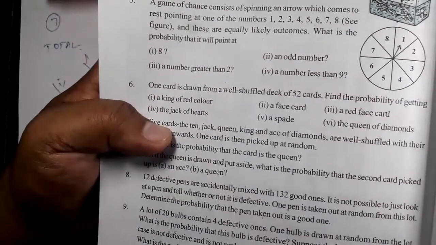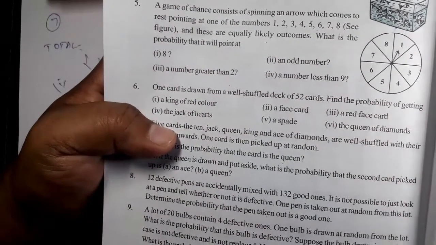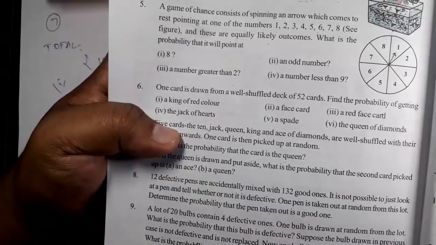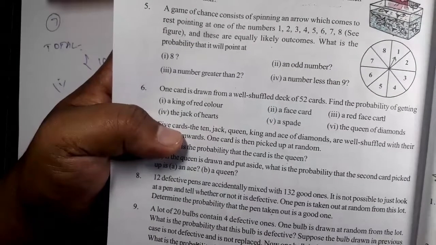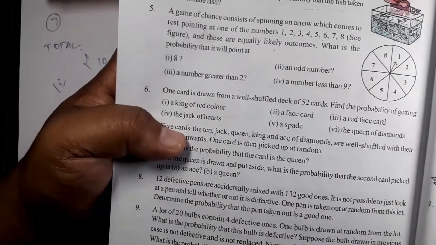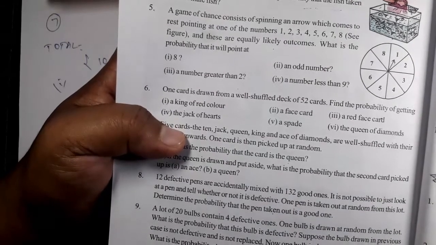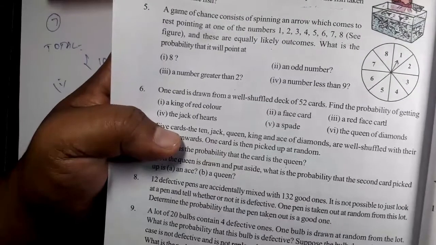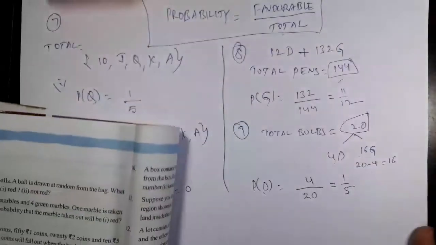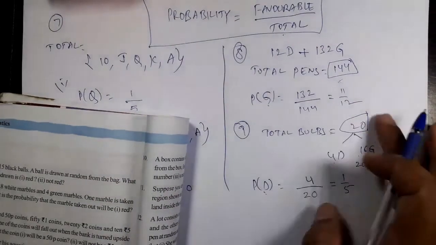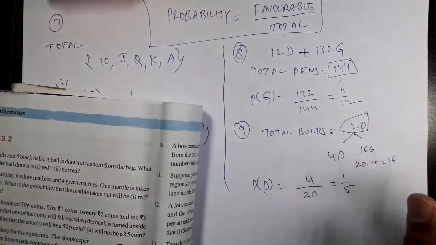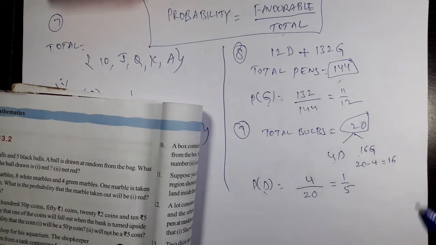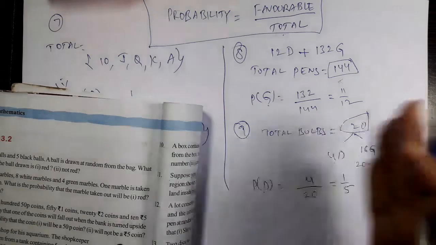Another part is there. Suppose the bulb drawn in the previous case is not defective. That means the bulb drawn is a good one, and is not replaced. Not replaced means that of these 20 bulbs you have drawn one good bulb and kept it aside.